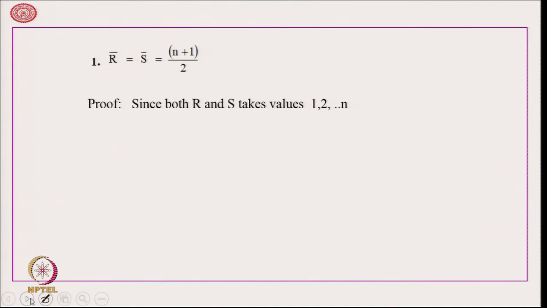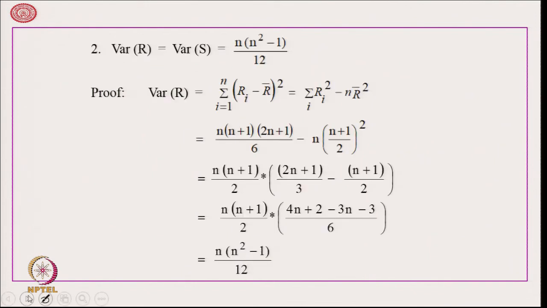Why is it easy to apply? Because of the simple thing that R takes values 1, 2, 3 up to n. Therefore, the mean of R is going to be (n+1)/2. Similarly, the mean of S is also going to be (n+1)/2. What about the variance? The variance is coming out to be n(n²-1)/12, because it is very simple: variance of R is equal to the sum of (R_i - R bar) whole squared.